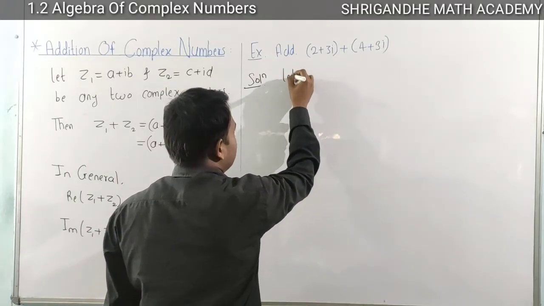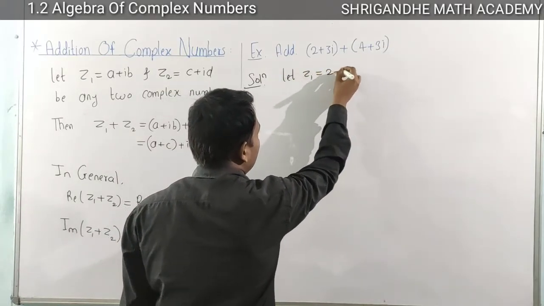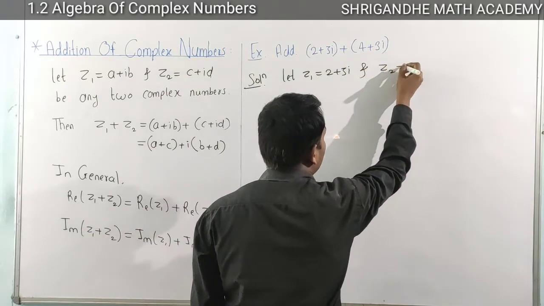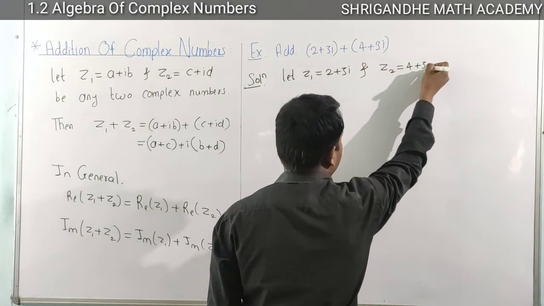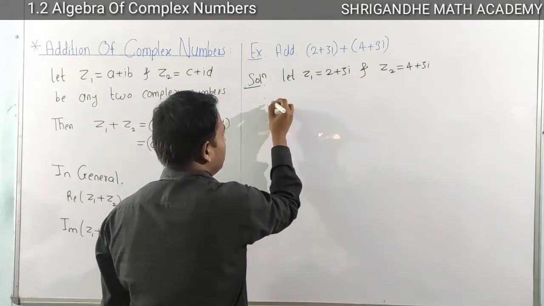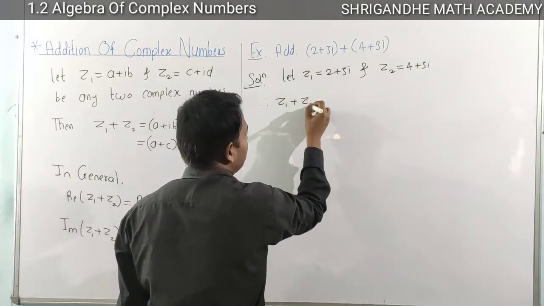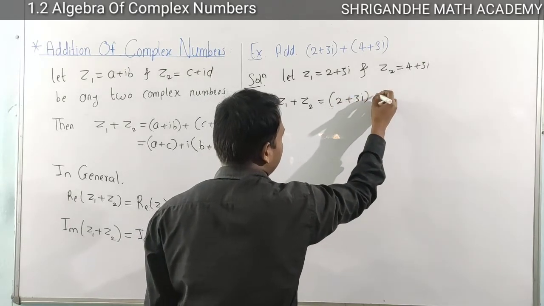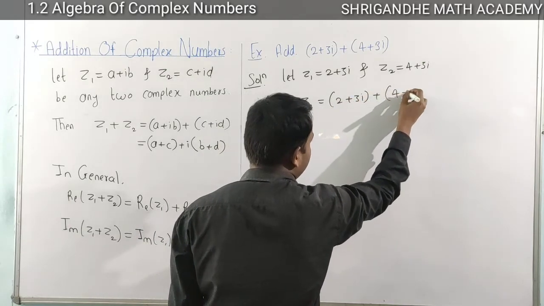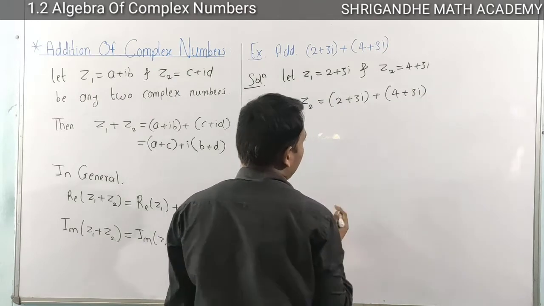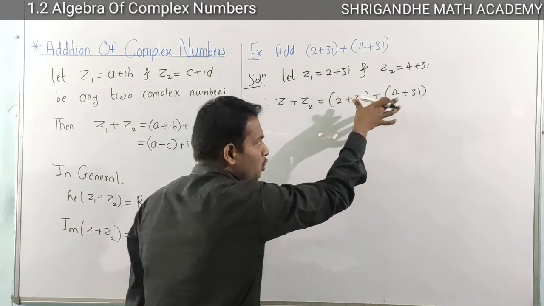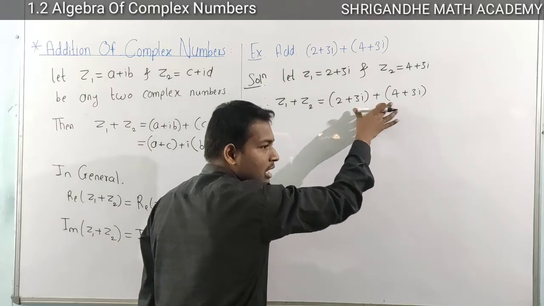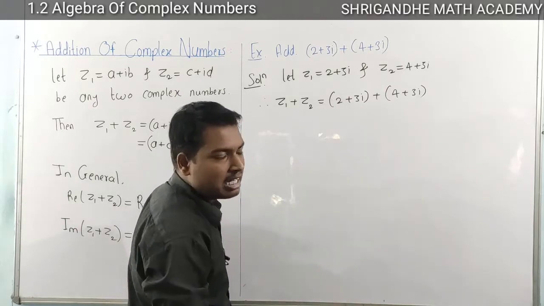Let z1 equal to 2 plus 3i and z2 equal to 4 plus 3i. Therefore z1 plus z2 is equal to 2 plus 3i plus, in bracket, 4 plus 3i. Now here also we use the same condition. First we add the real parts of both complex numbers and then we add their imaginary parts.